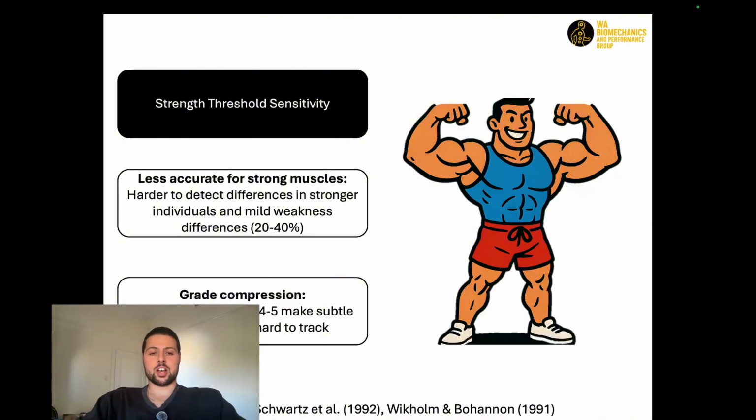So that's quite bad, and it's probably not good enough to completely rely on its own. And then again, we have that grade compression. I'm talking that 4 to 5, where it's really hard to track subtle clinical changes.